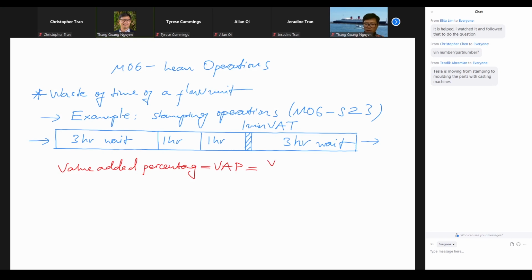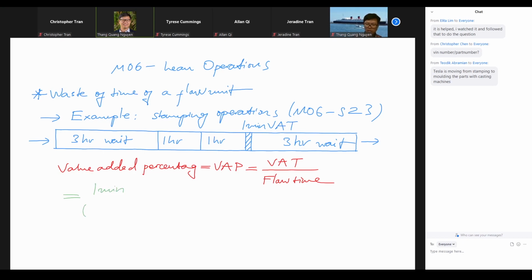It is value added time divided by the flow time. The flow time is from the start to the end, the time it takes for the unit to go through. So let's put the numbers in. The value added time, remember, is only 1 minute. And the flow time is the following.